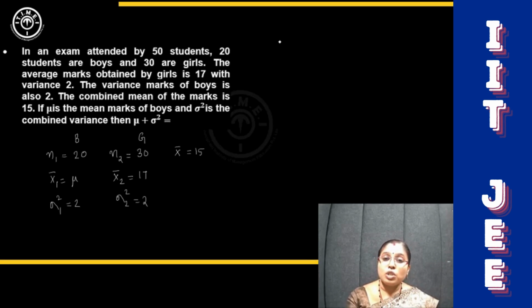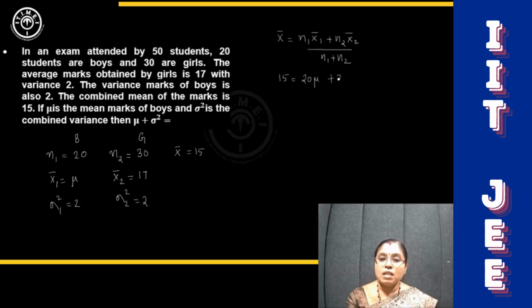So first let us use the formula for combined mean. Combined mean x bar is equal to n1 x1 bar plus n2 x2 bar divided by n1 plus n2. So we have 15 is equal to 20 mu plus 30 into 17 divided by 50.